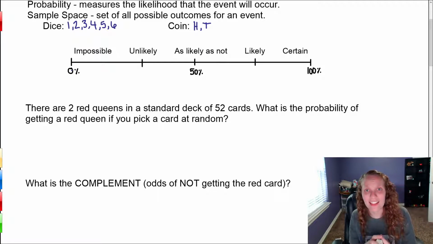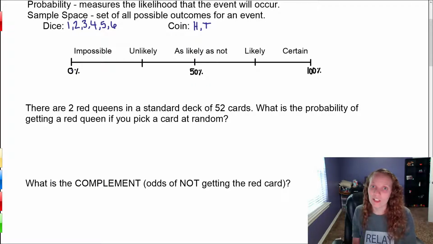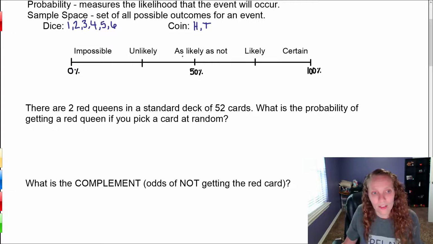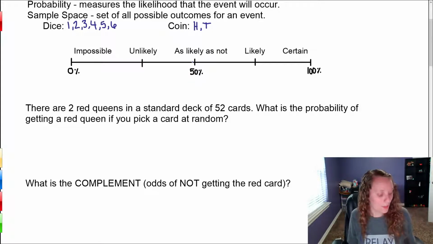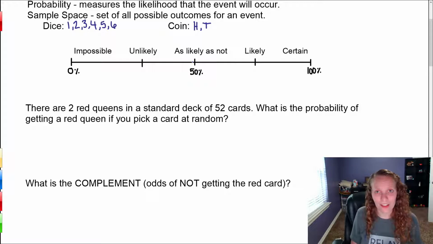The odds that I randomly pick a card and it is purple is impossible because there are no purple cards in this deck. Unlikely is in between 0 and 50%. It's very low. Like I said a minute ago, the chance of rain right now for me is 15%. So it's unlikely that it's going to rain, but not impossible. It could rain.